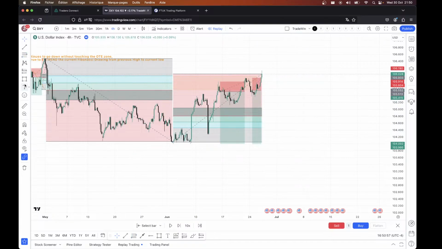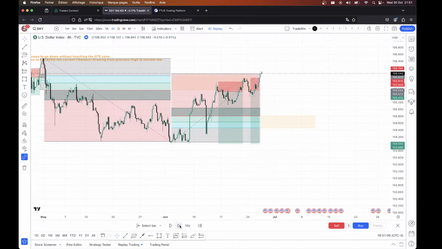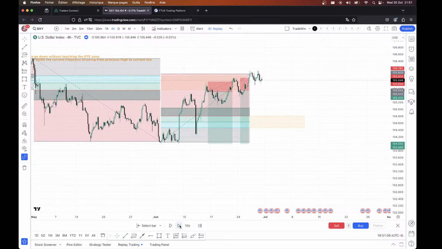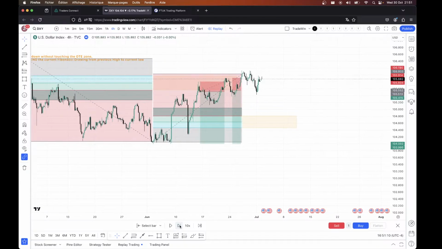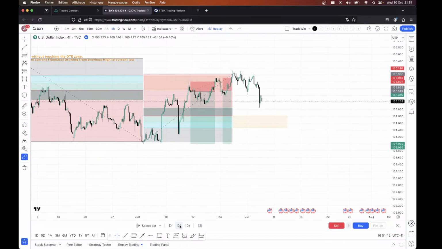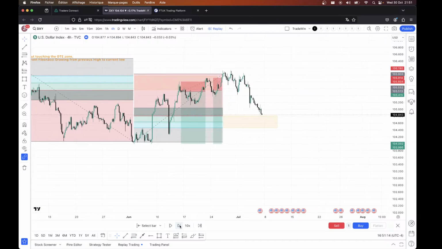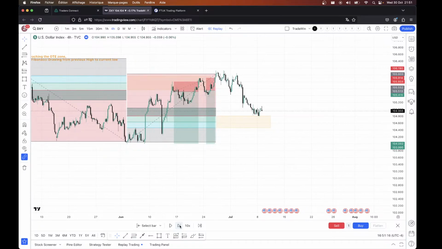If we are long, price might be rejected here. Okay, let's see this. Price coming down. Oh, not touching yet. Yeah, we got into the zone.